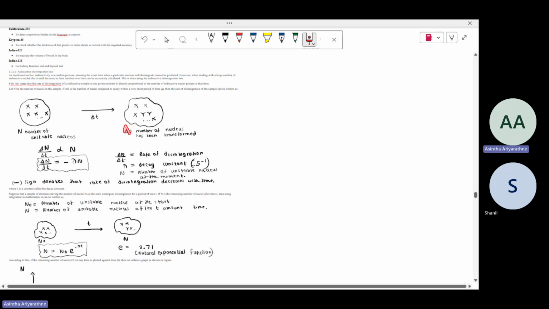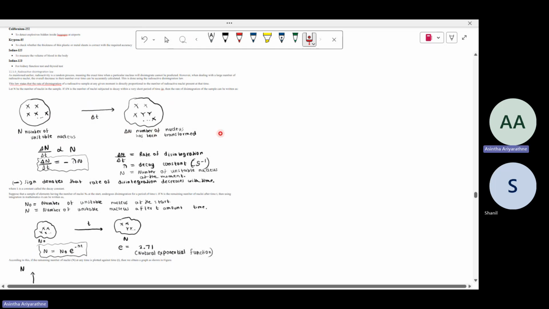If there's a radioactive sample and we keep it for a specific period of time, some number of nucleus would be transformed. They would emit radiation and become a more stable one. So delta n is the number of transformations that happen during the time period delta t.